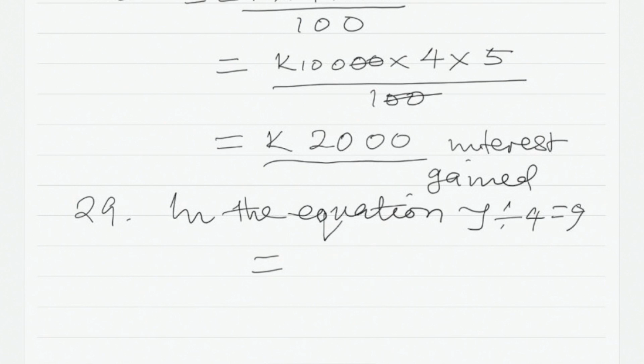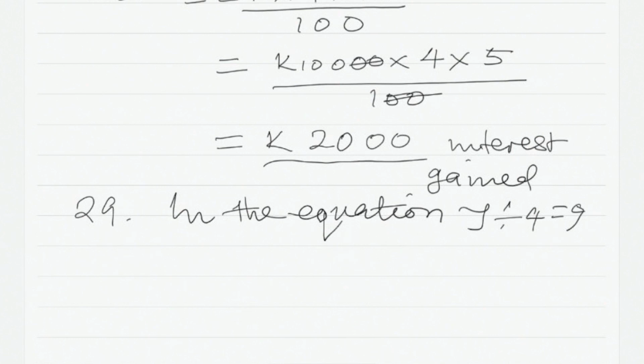So we are looking for a number in which when we divide 4 into it, it is going to give us exactly 9. So this 4 is going to be used to multiply with a certain number to give that 9 to us.